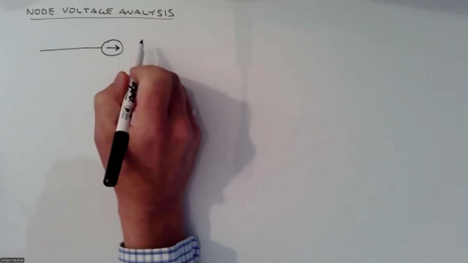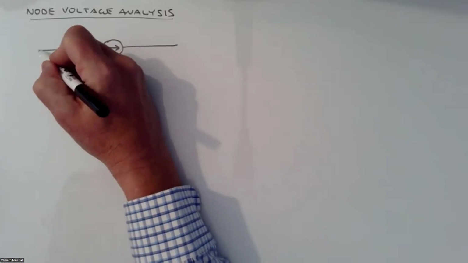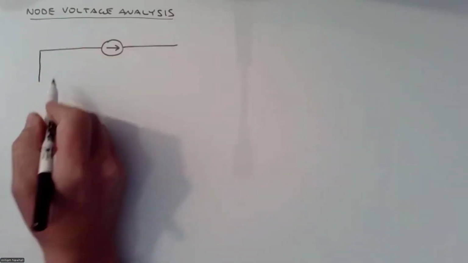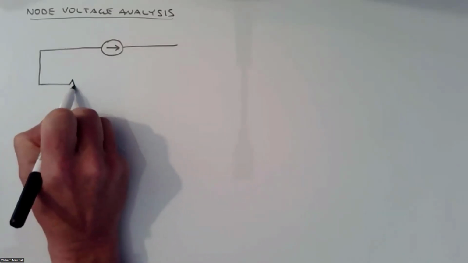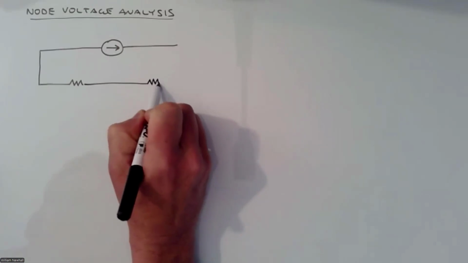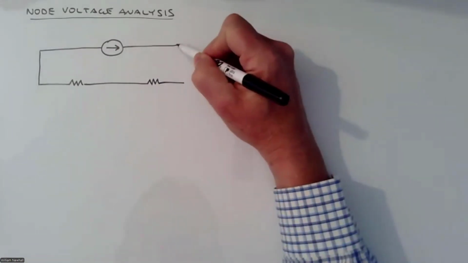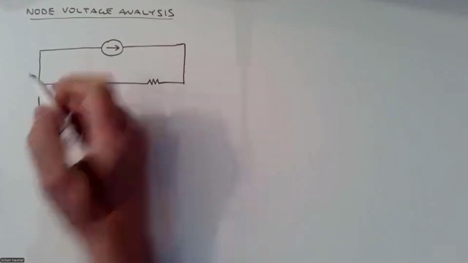It's pretty much going to be that circuit we've been talking about with a current source and a few resistors. If ever you can't see what I'm writing on the whiteboard, shout it out, let me know.